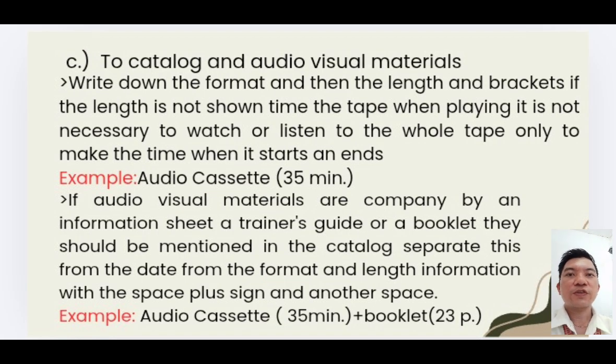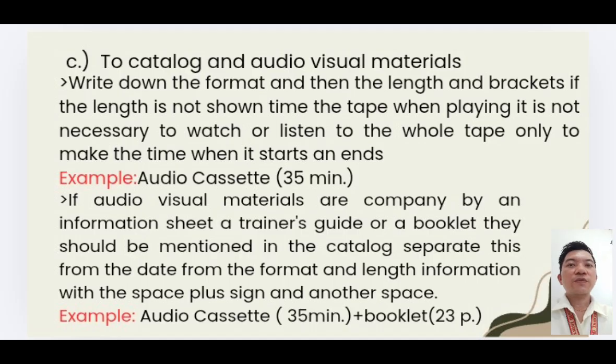To catalog audiovisual materials, write down the format and then the length in brackets. If the length is not shown, time the tape when playing. It is not necessary to watch or listen to the whole tape, only to mark the time when it starts and ends. For example, (audio cassette) 35 minutes.